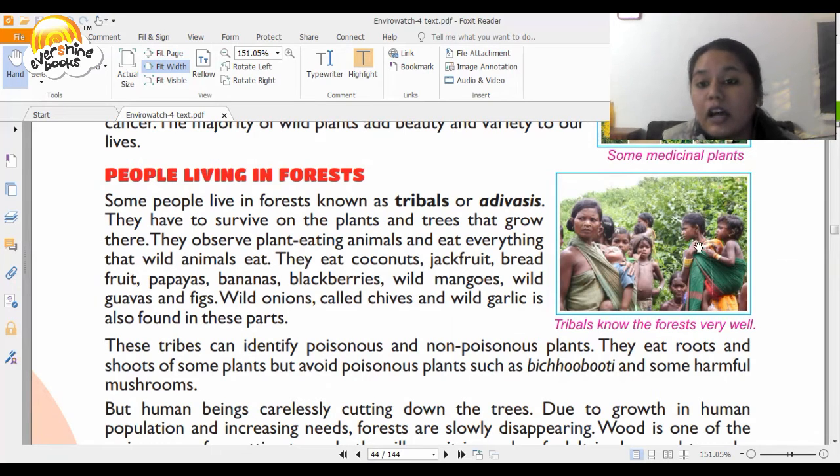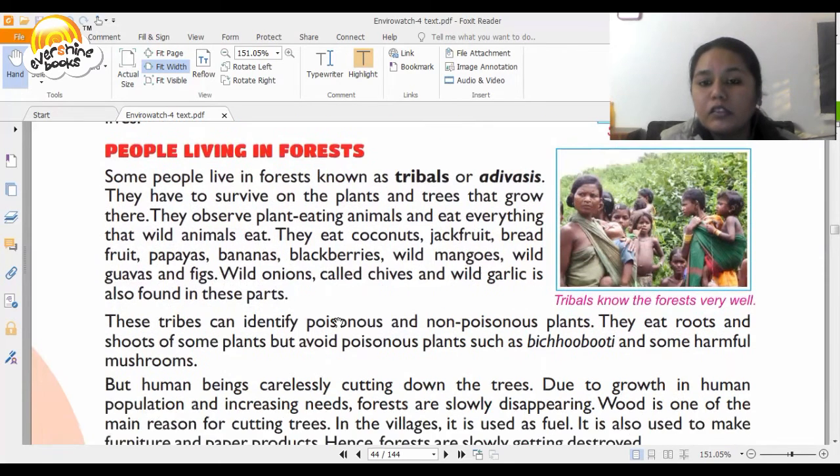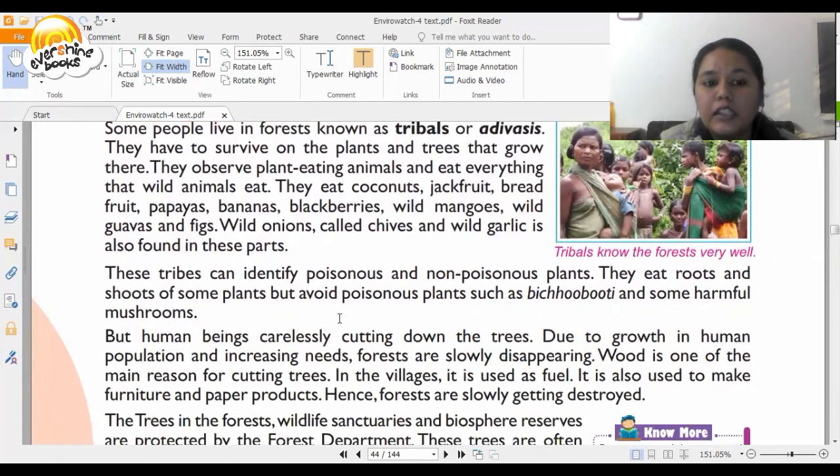So these Adivasis are very much dependent on the trees and the fruits that grow in the forest. And what is their diet mostly like? They eat coconuts, jackfruit, breadfruit, papayas, bananas, wild mangoes, wild onions, or wild garlic. So this is what they mostly eat.